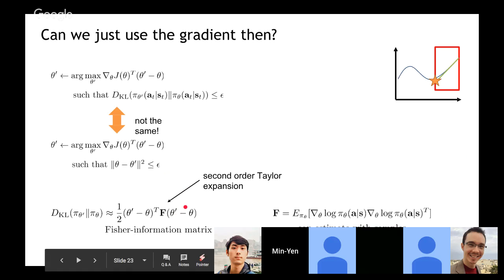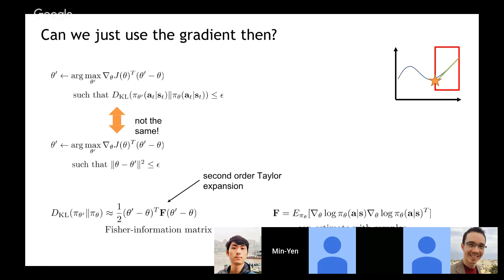So we use this Fisher information matrix. This is an approximation of the KL divergence. I don't understand this equation, and I think he said it will be covered later.